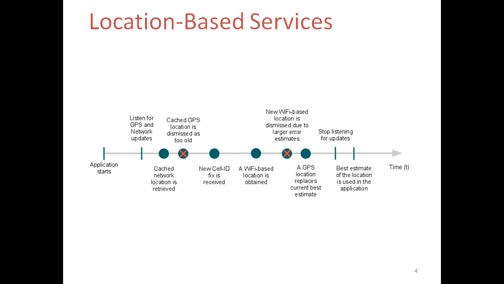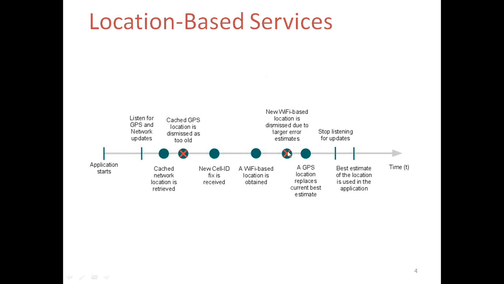If yes, then it takes that, or if the cached GPS location is too old, then the application dismisses that GPS location and a new cell ID fix is received. Based on that new cell ID, the application again starts obtaining the location. That means a Wi-Fi based location is obtained.